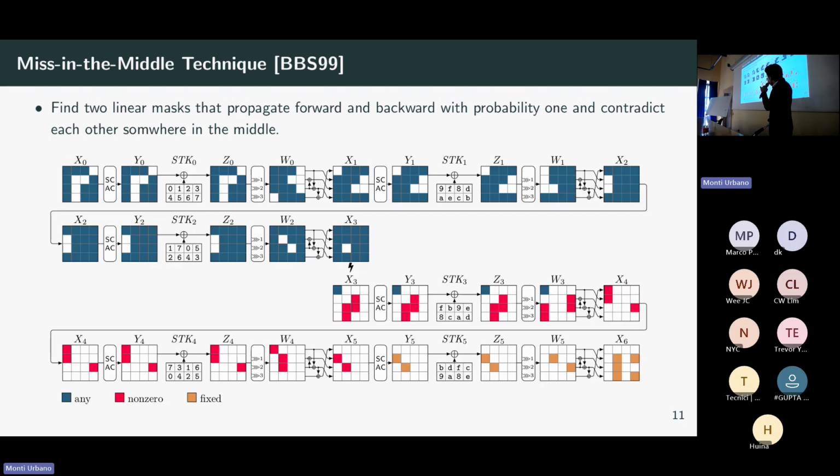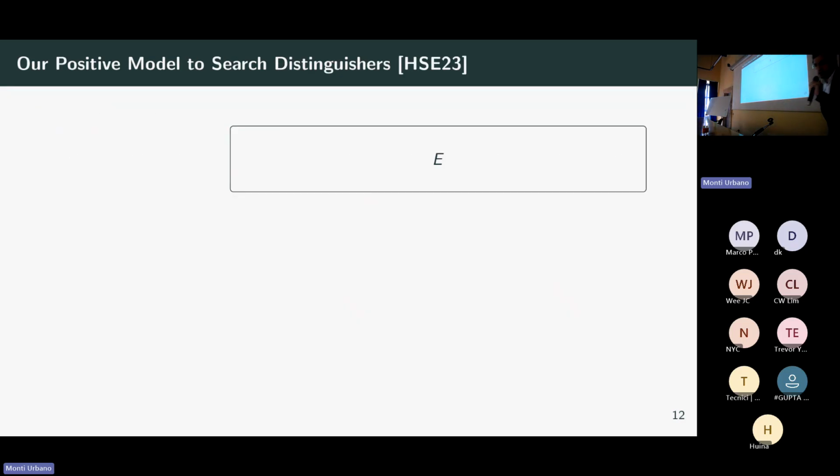Essentially, it doesn't tell you how to find an input with a lot of active cells, because having a lot of active cells in the input, as I mentioned, is very good if you want to convert it into an integral distinguisher, right? Okay.